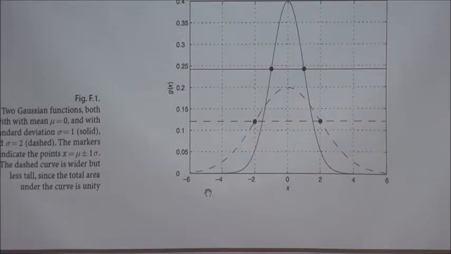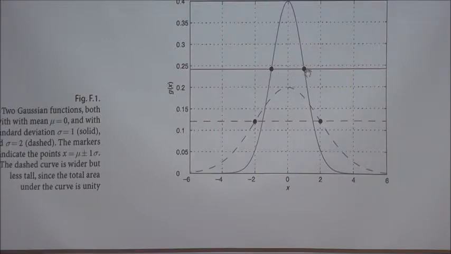So here are two Gaussian functions. The solid blue one, which I'm tracing, has a maximum at mu of 0, and the distance between this line on the left and the right is plus or minus 1.